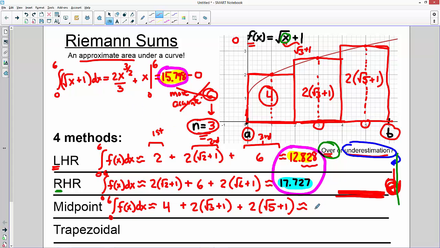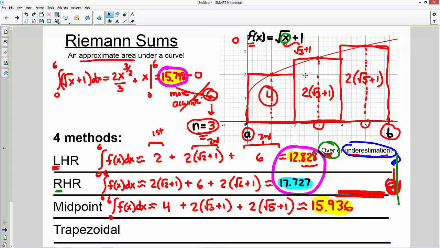And you get approximately 15.936. And if you take a look at that, that's pretty close. Even with a not so great sample size here, this is pretty close to the actual answer, 15.936.